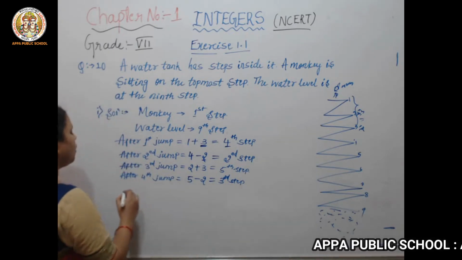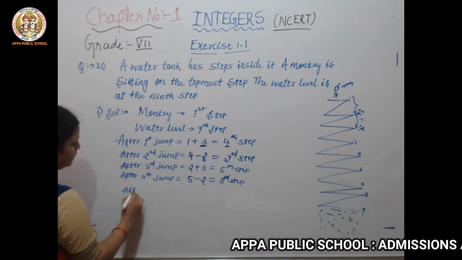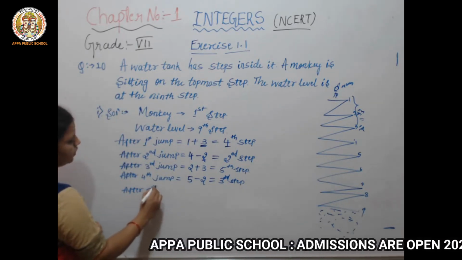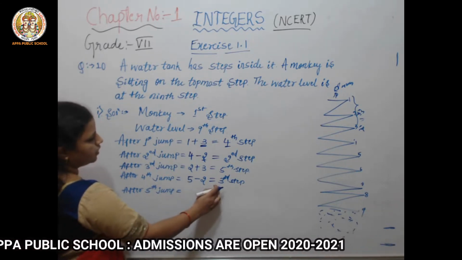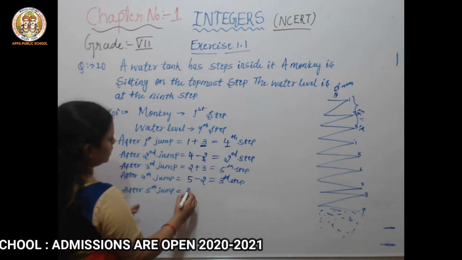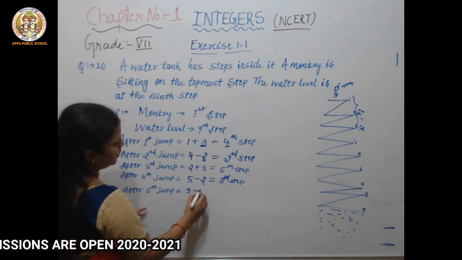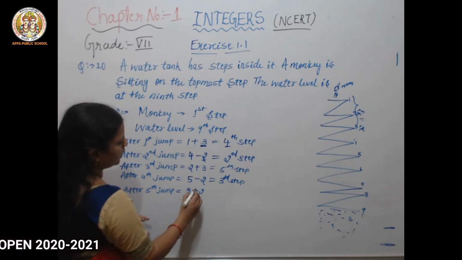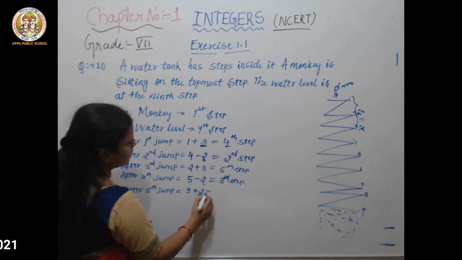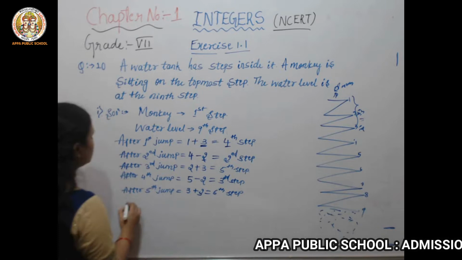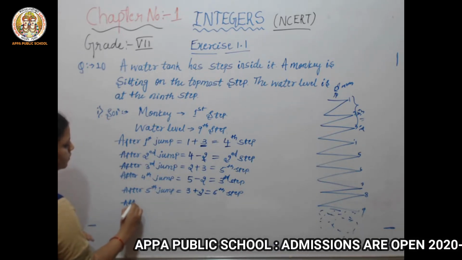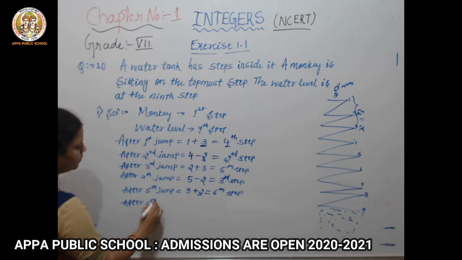The next one, after the fifth jump. After the fifth jump, 3 is there. 3 plus 3, it has 6, the sixth step. The next, after the sixth jump.